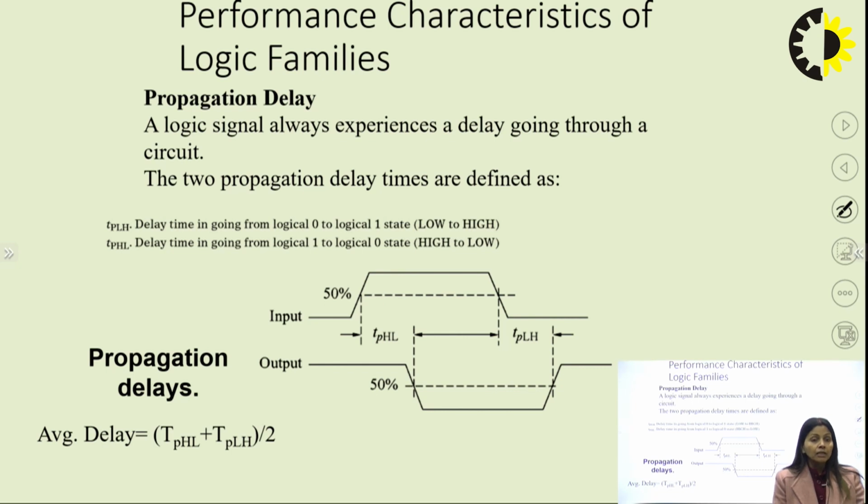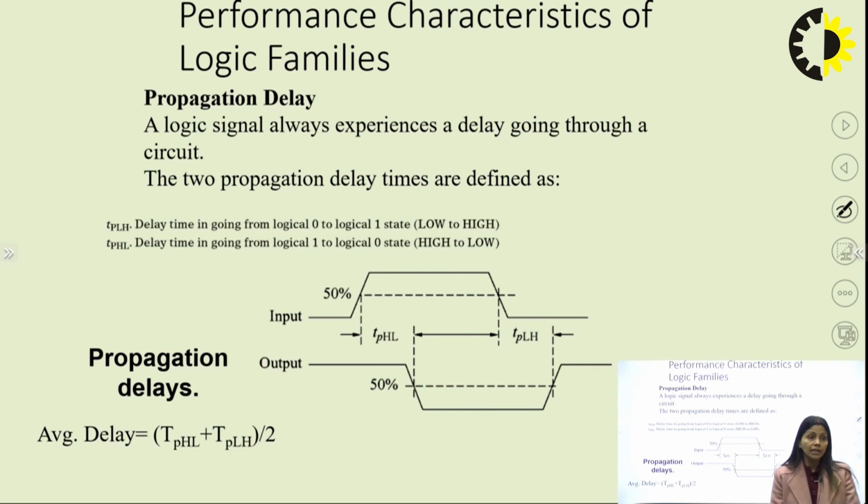That means the time taken by the input from 0 state to 1 state, that is the switching time, which is also to be defined, and these are important parameters for calculating the propagation delay.